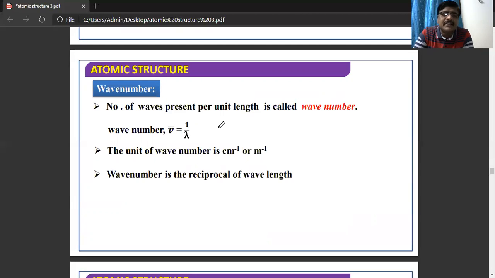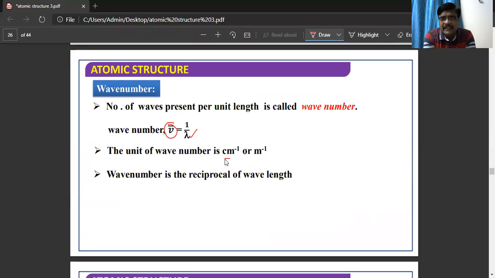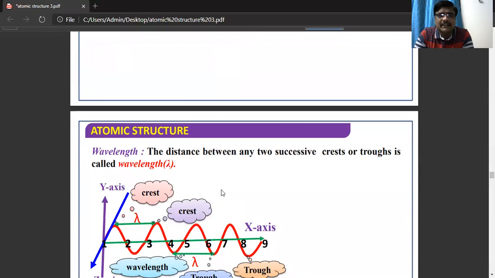So nu bar is equal to 1 by lambda, where nu bar is the wave number and lambda is the wavelength. The unit of wave number is either centimeter inverse or meter inverse. So the wave number is the reciprocal of wavelength.